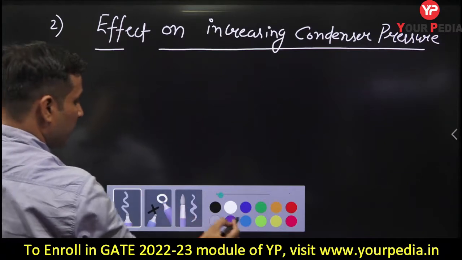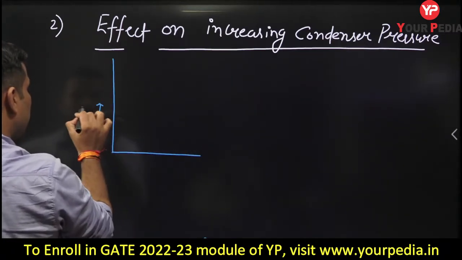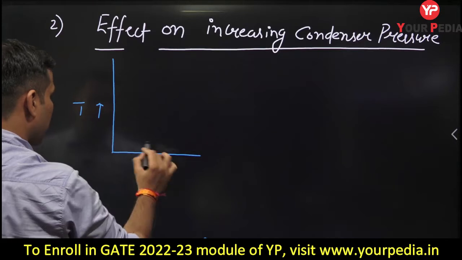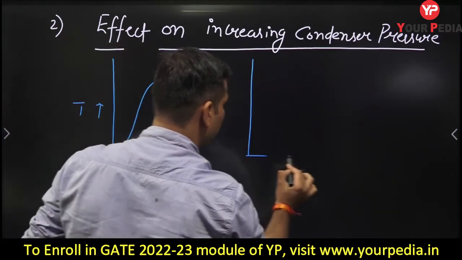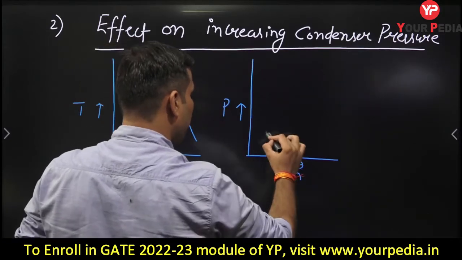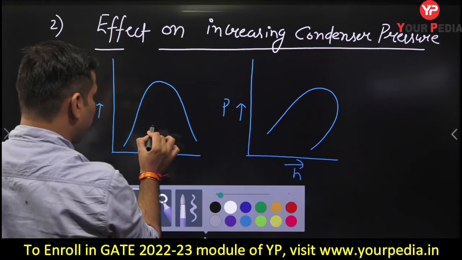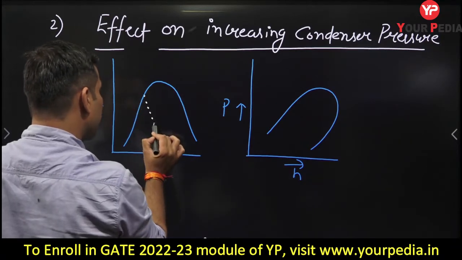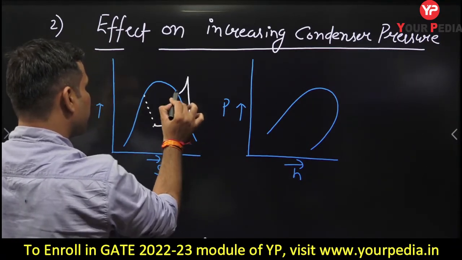Again guys, if I will draw here the TS diagram and the PH diagram for VCRS. So this is TS, okay, you will have a curve something like this. Okay, this is the pH diagram, pressure enthalpy diagram, you will have a curve something like this. Okay, so let me show the standard diagram something like this.